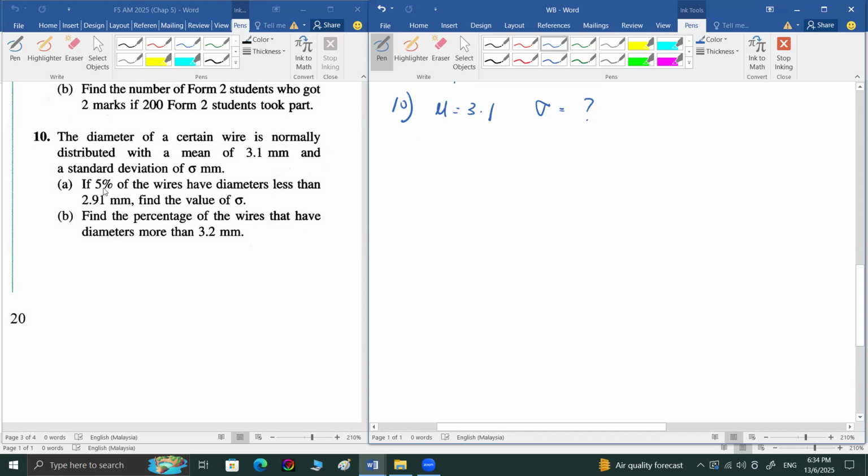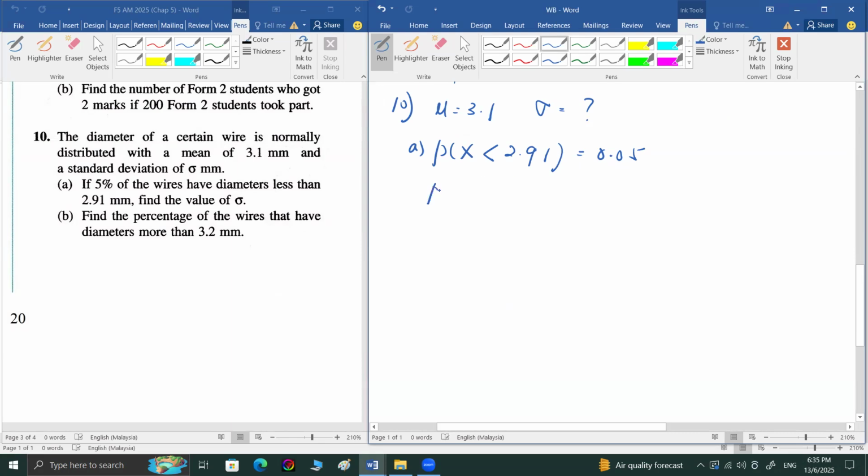So if 5%, 5% means this is the probability. So how do you write it, class? 5% of the wire have a diameter that is less than 2.91, where the probability is 5%. 5% we write in a way of probability.